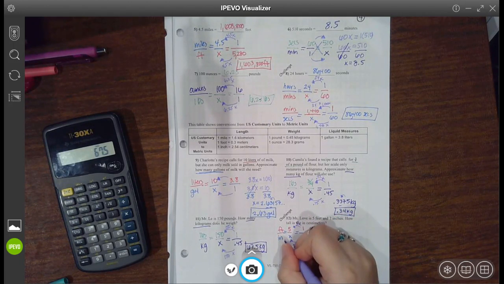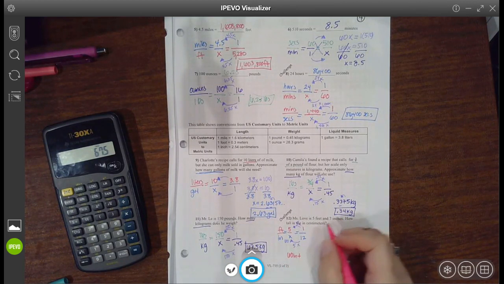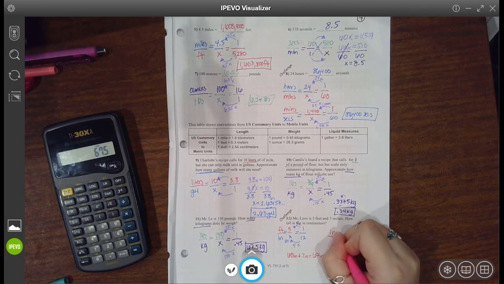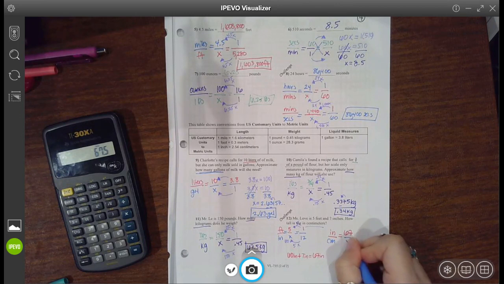So 12 times 5 is 60. So 5 feet is equal to 60 inches. Plus that 7 inches, you can't forget that, means that I am 67 inches tall. Okay, so now that I know I'm 67 inches, I have it in one singular unit, I can go ahead and then convert that to figure out how tall I am in centimeters.